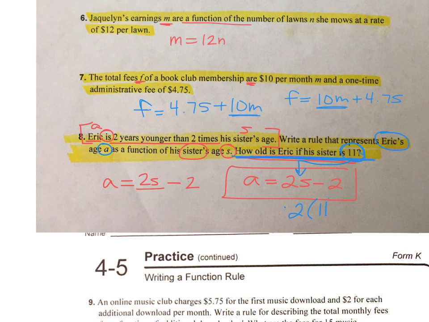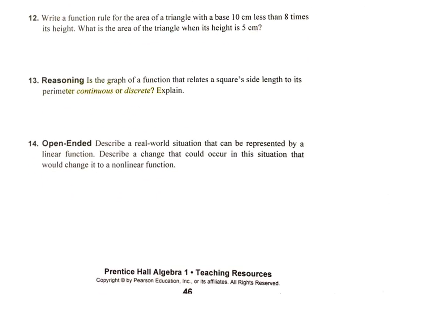So 2 times 11 minus 2 will be Eric's age. So it would be 22 minus 2. So Eric is 20. He's 20 years old. Okay, questions on that?